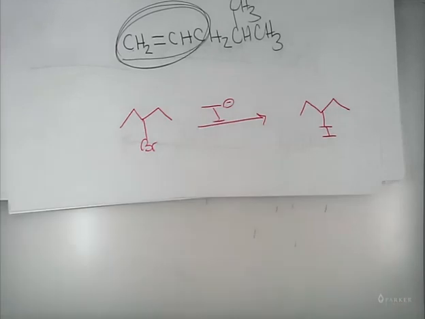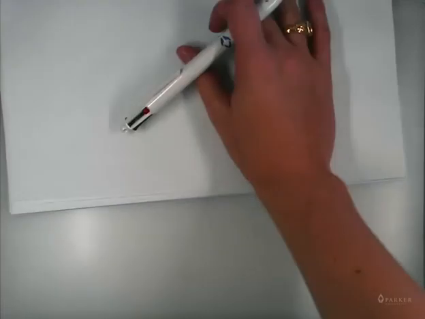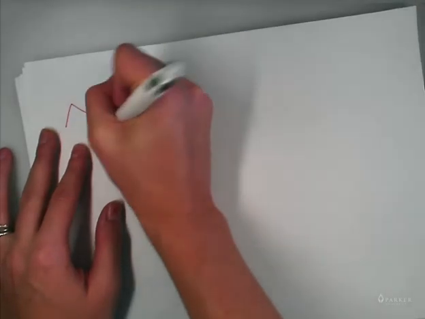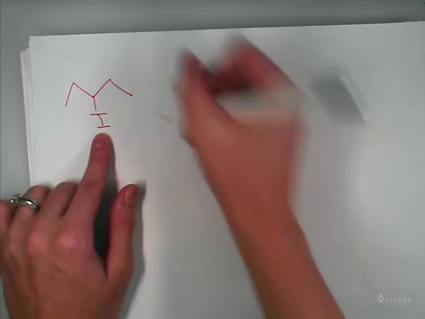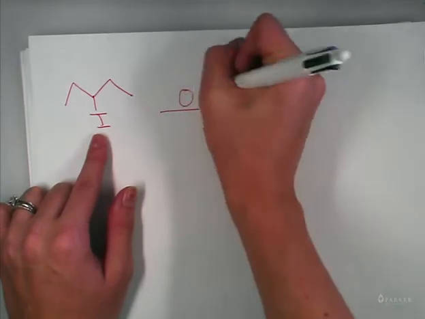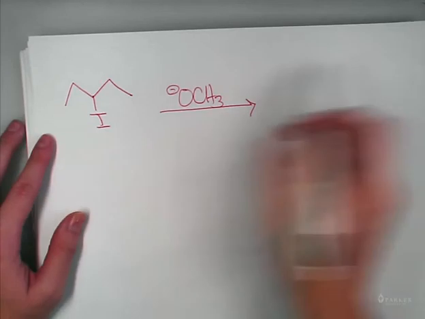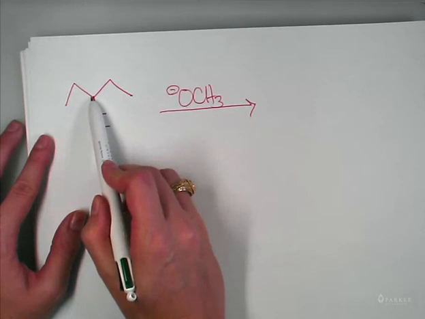But that's not what happened. And this iodine is actually my leaving group, not my nucleophile. It's already bonded there. So I have iodine here. So that's a leaving group. And then over here I have OCH3 minus. So this is what's reacting with that.